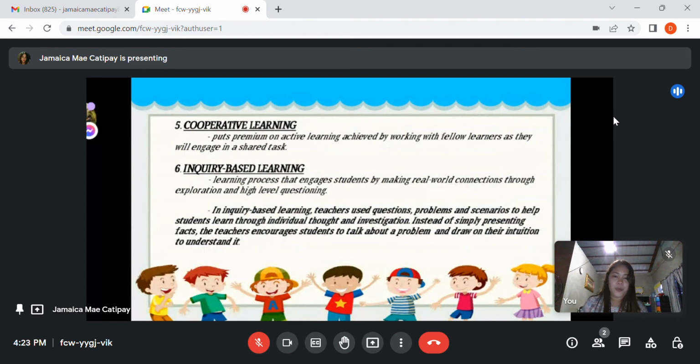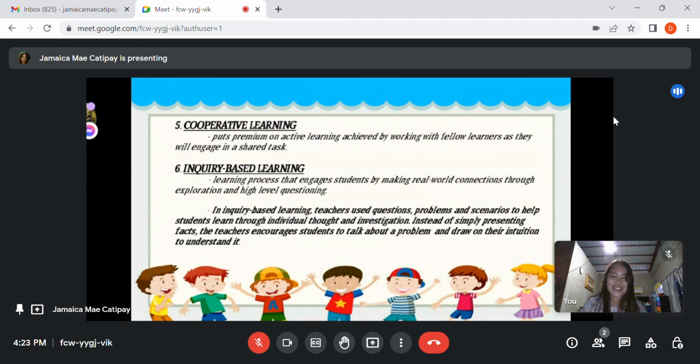Next, we have inquiry-based learning. It is a learning process that engages students by making real-world connections through exploration and high-level questioning. In inquiry-based learning, teachers use questions, problems, and scenarios to help students learn through individual thought and investigation.